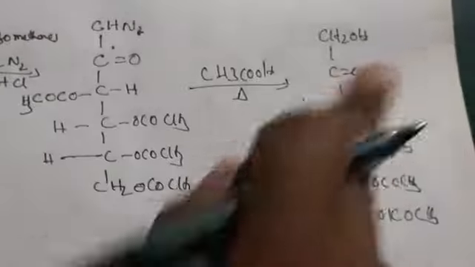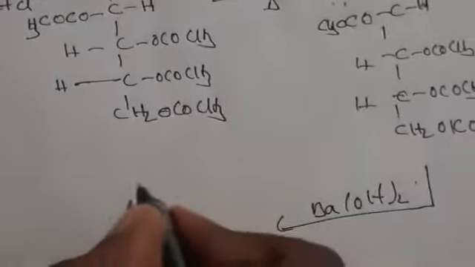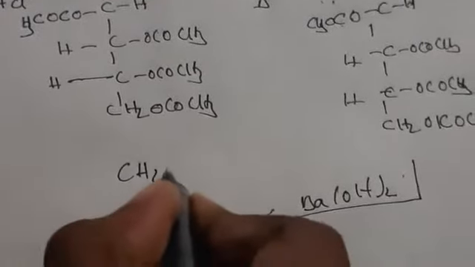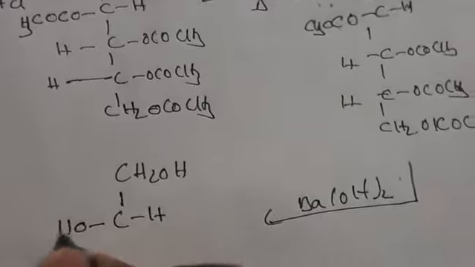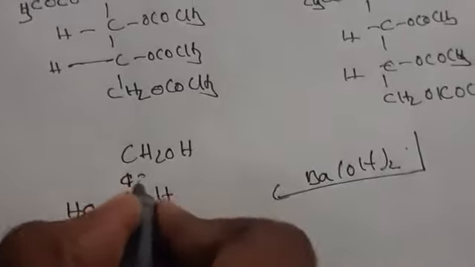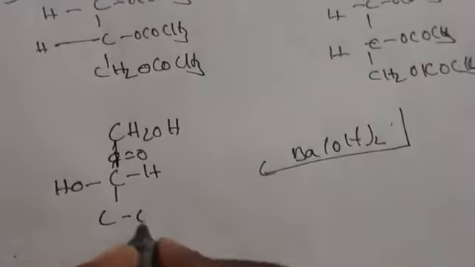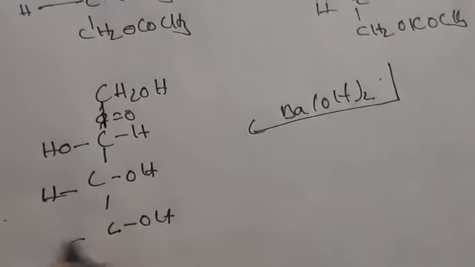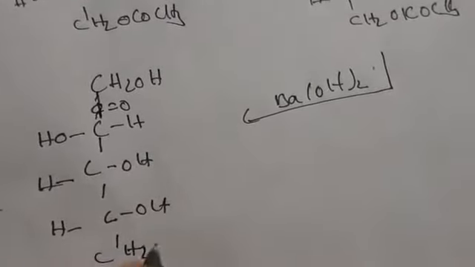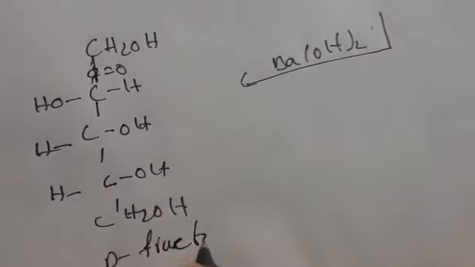This OH will go and add here. So automatically you are getting the compound of ketone. CH2OH, H, OH, C double bond O, OH H, OH H, CH2OH. So we got the fructose.